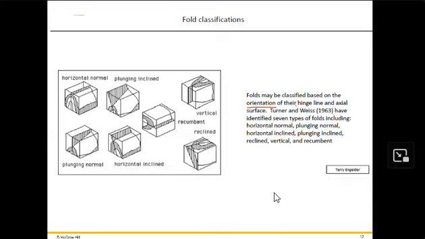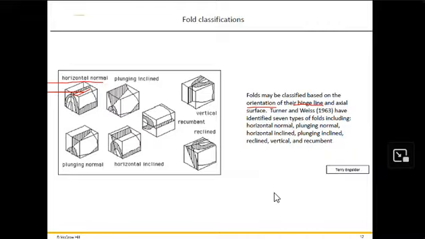Do you know why axial plane and hinge line are important? Because we can use them to classify the folds. And this is very important because in this regard, we have 7 types of fold. The first one is horizontal normal. For horizontal normal, you can see the hinge line is straight. And then the axial plane is vertical.